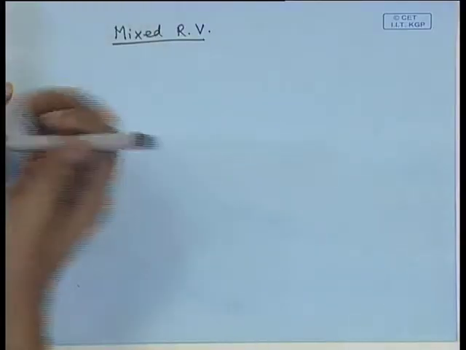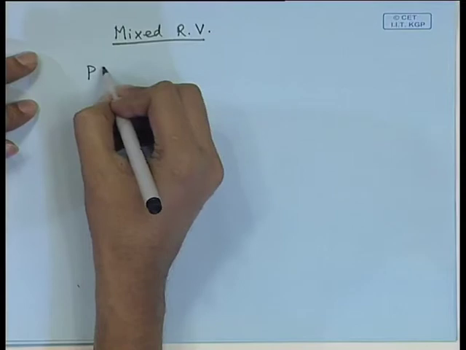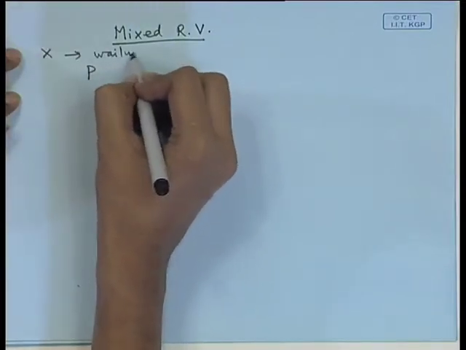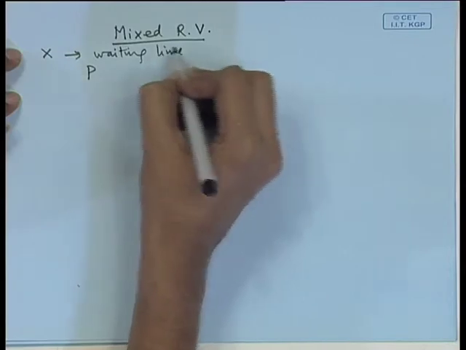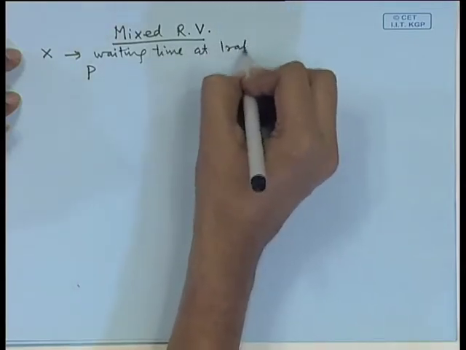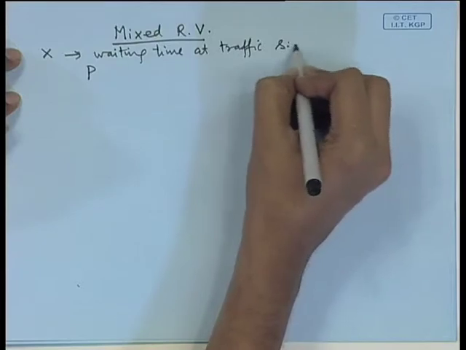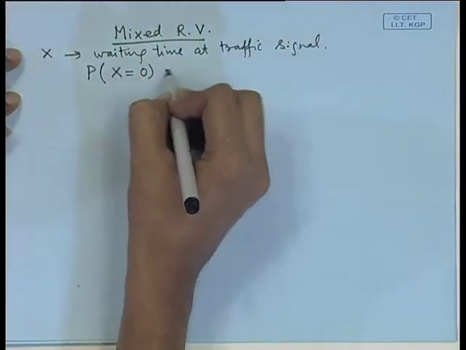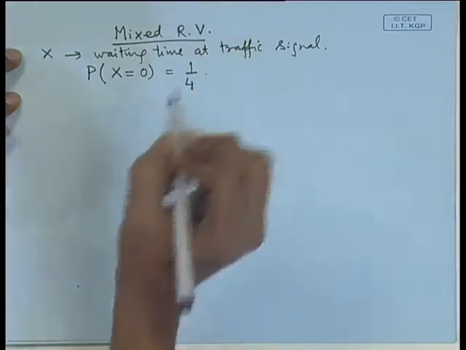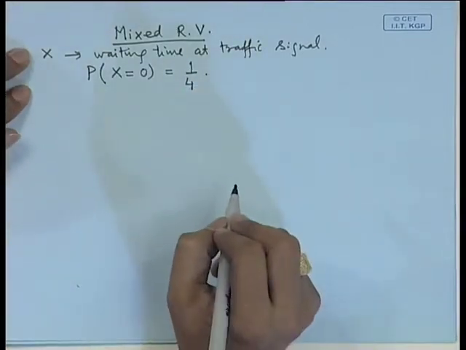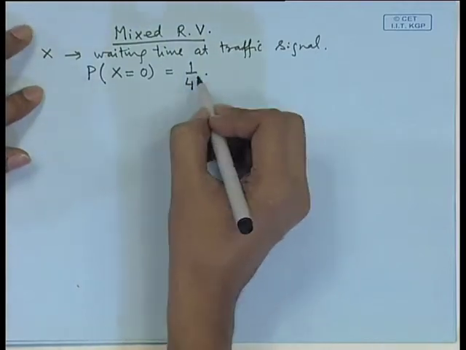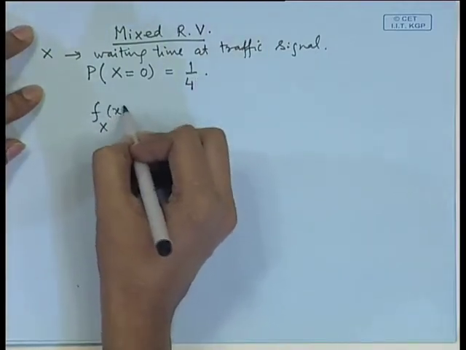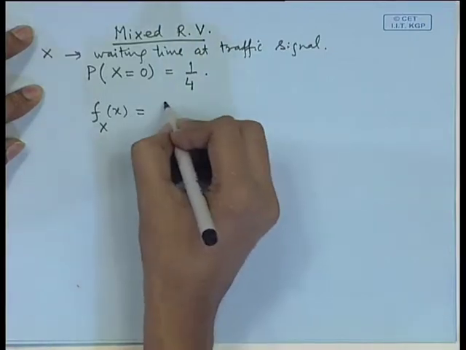In other words, if I say x denotes the waiting time at the traffic signal, it may happen that the probability that x equal to 0 is say 1 by 4. That means, 25% of the time he is able to go without waiting. On the other hand, if he has to wait, then it is a continuous distribution.